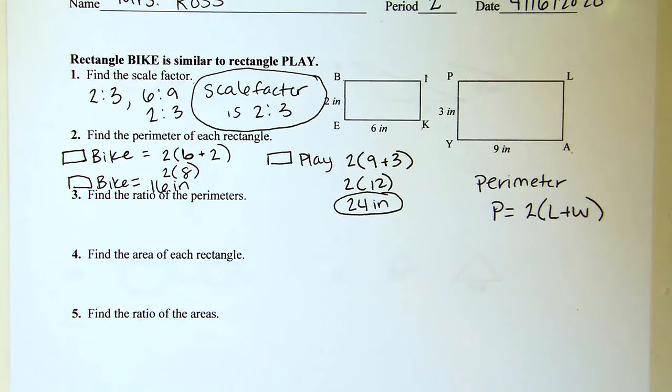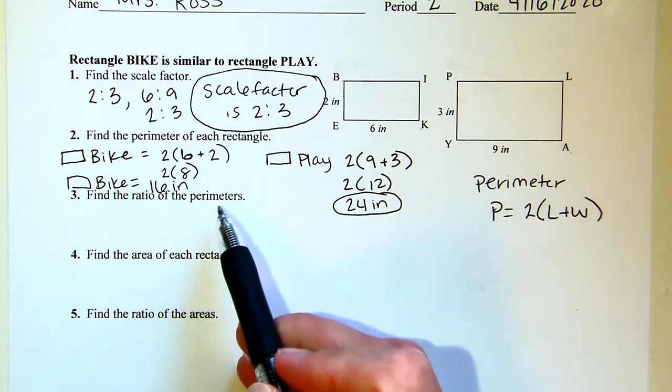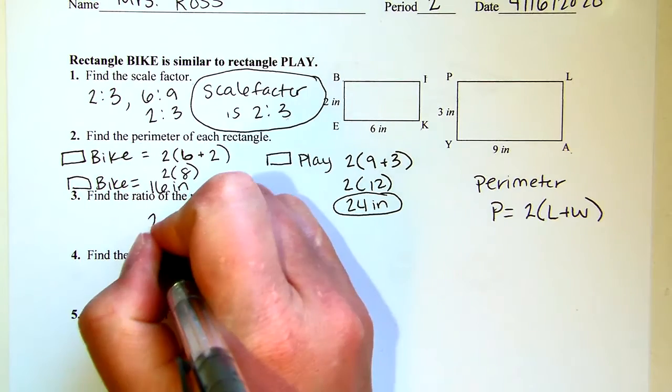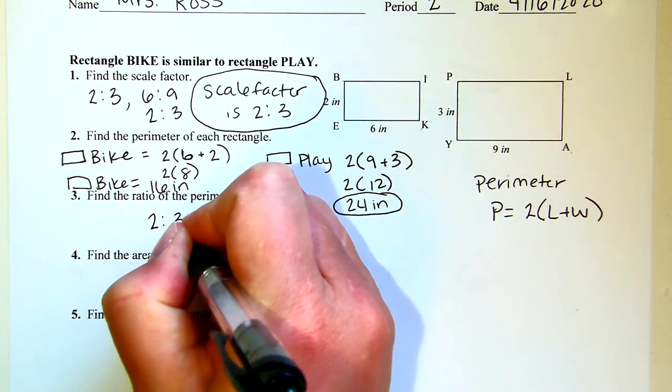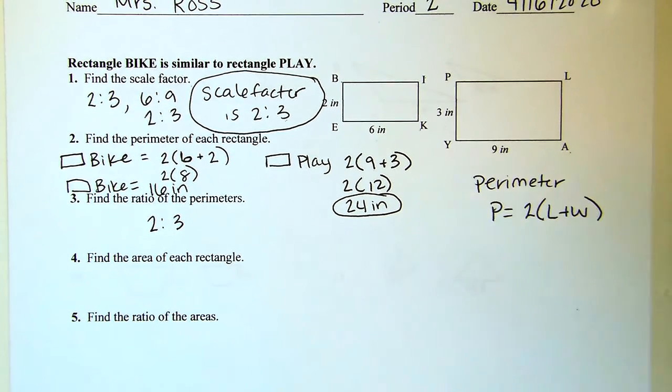Next, we need to find the ratio of the perimeters. Here, the ratio of our perimeter is the same as our scale factor. So we are going to write this as 2 to 3. Now, if we wanted to check this, we could set 16 to 24, which does reduce to 2/3.